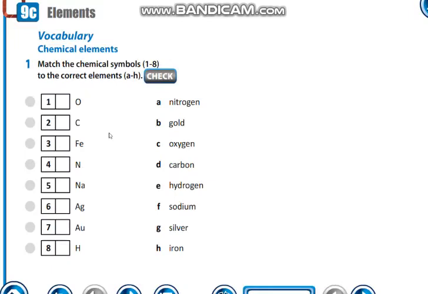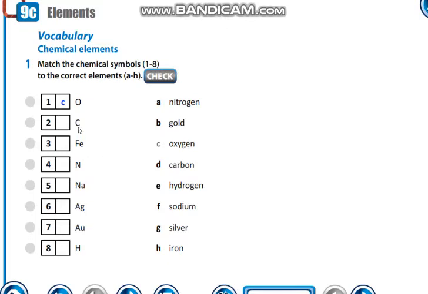Match the chemical symbols 1A to the correct elements. Ag... Now, what is it? It is oxygen. Yes? Oxygen. Remember your chemical elements, chemistry lessons.